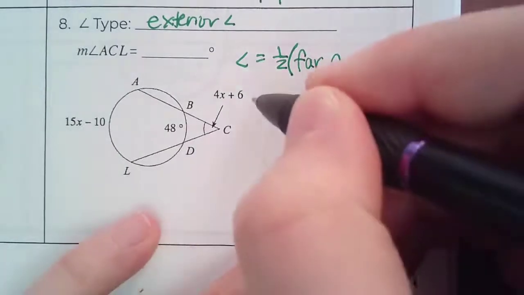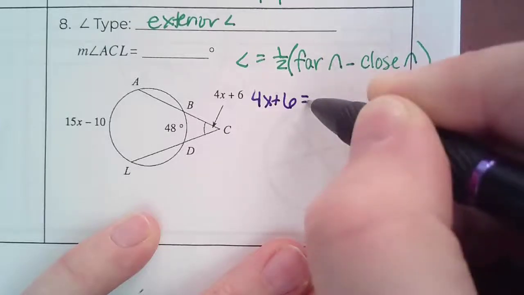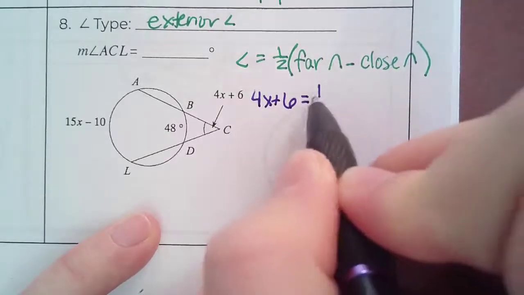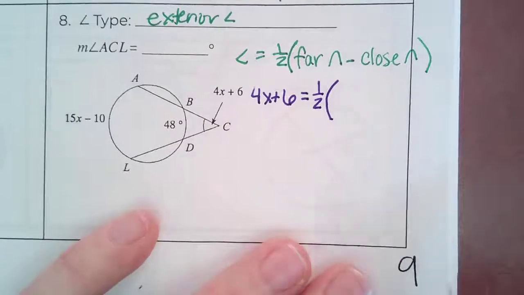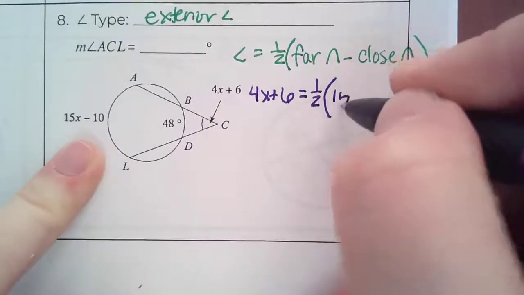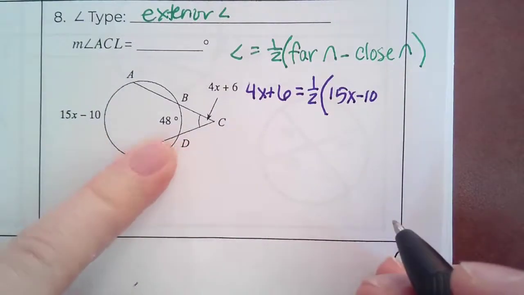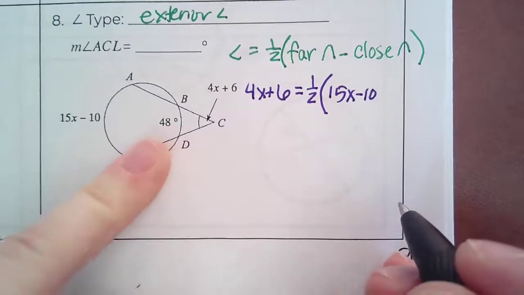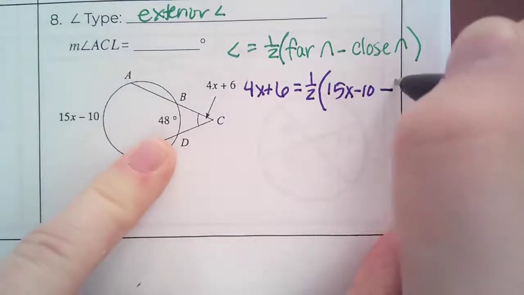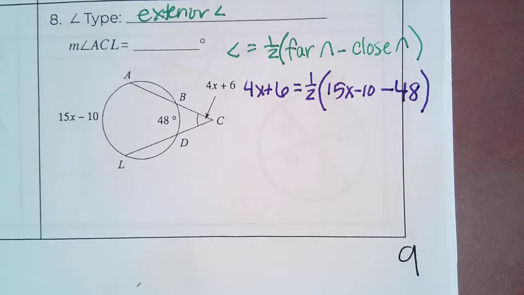So my angle is 4x plus 6 equals 1/2 times far arc is 15x minus 10 minus my close arc. It's just one term, so I'm just going to write minus 48. If that was a binomial, I'd have to put it in parentheses, distribute.